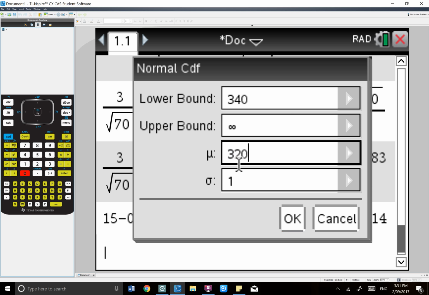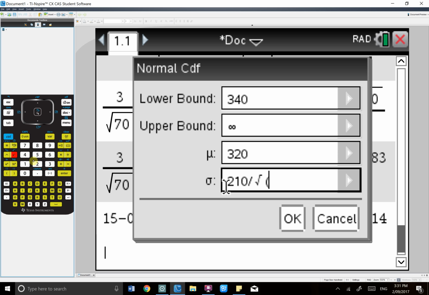Mu is 320, and the standard deviation is 120. The 120 is the standard deviation, right? It's the standard deviation before. It's not the variance, right?